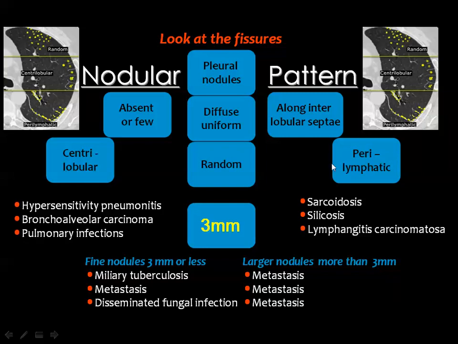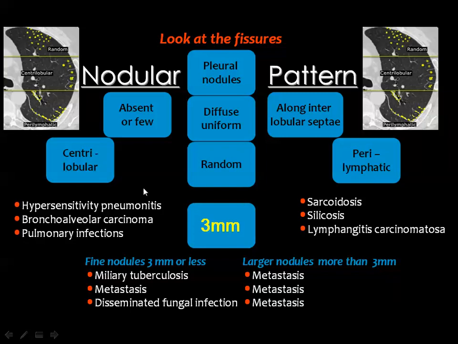Whenever you see that the fissure is thickened and you see nodular opacities along the fissure, then you know that you are dealing with the perilymphatic distribution. The most common and important topic in this issue is sarcoid. Then you have lymphangitis carcinomatosa and the pneumoconiosis.